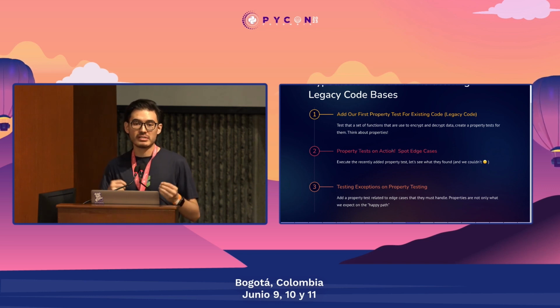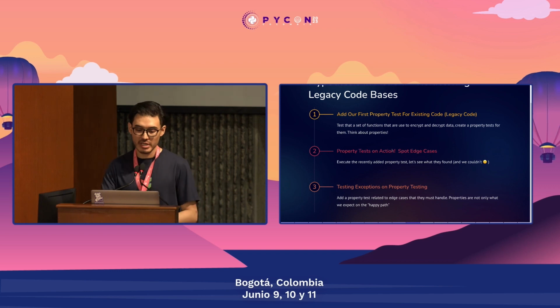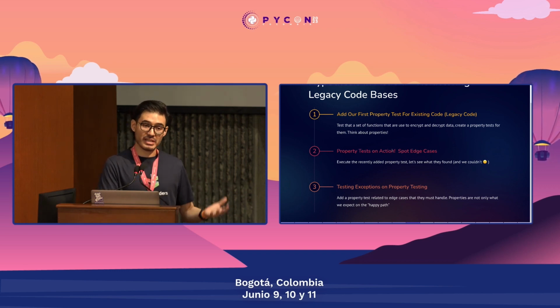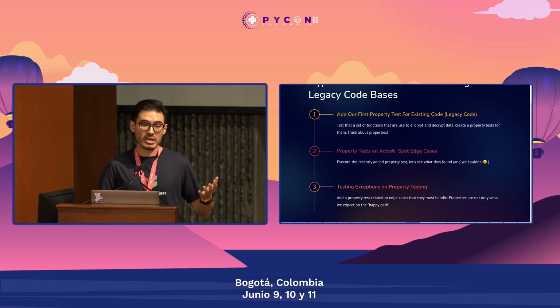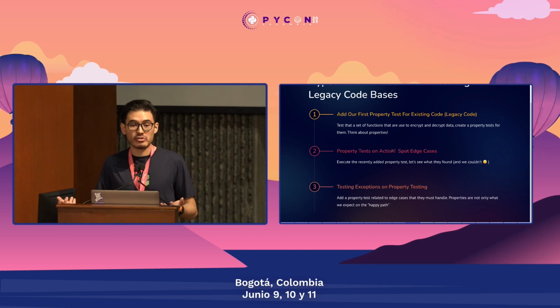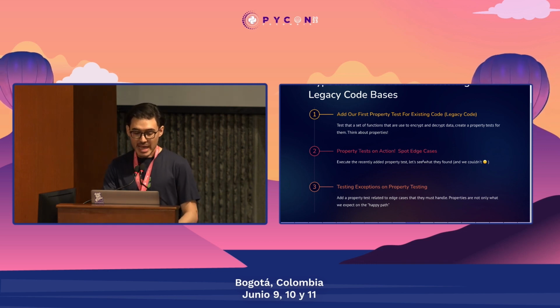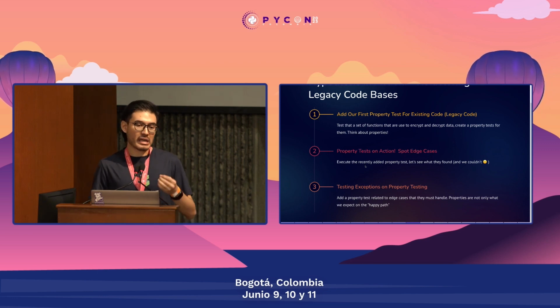Then we're going to create some property tests and check how we can improve the code before refactoring it. Then we're going to put the property tests in action: we are going to check the tests that we add to our code base and see if they find some scenarios that we might be missing from the tests that we already have. And finally, we're going to start testing exceptions.